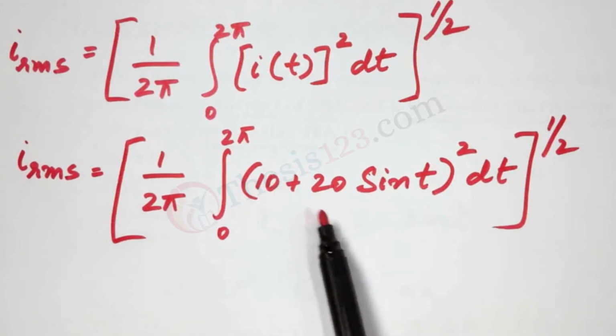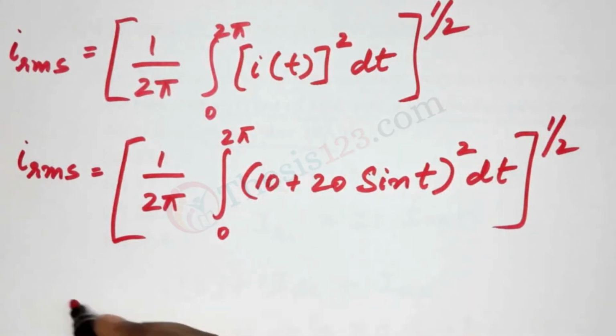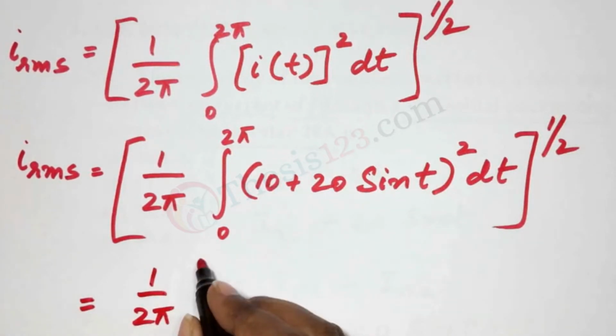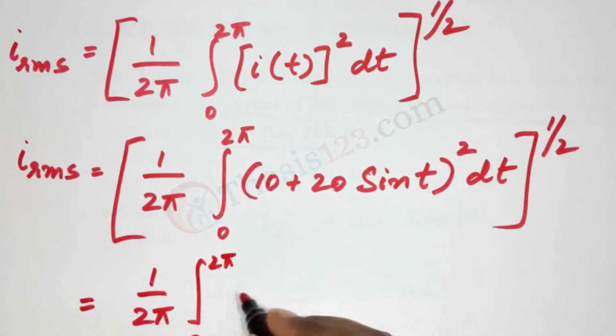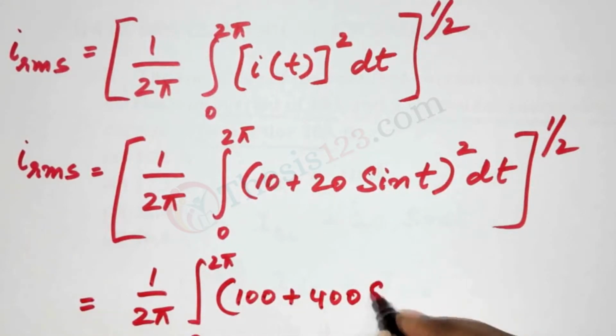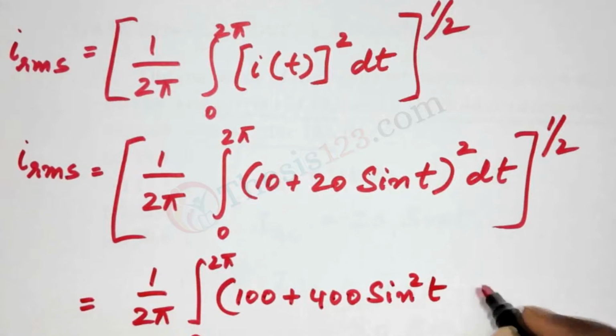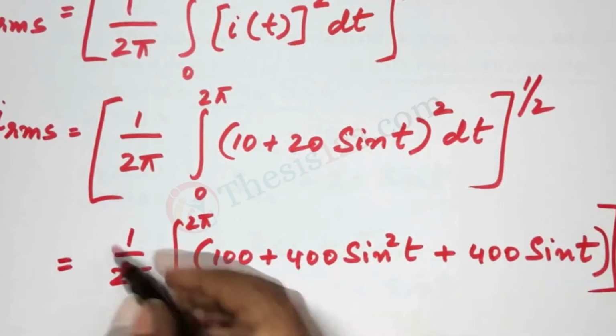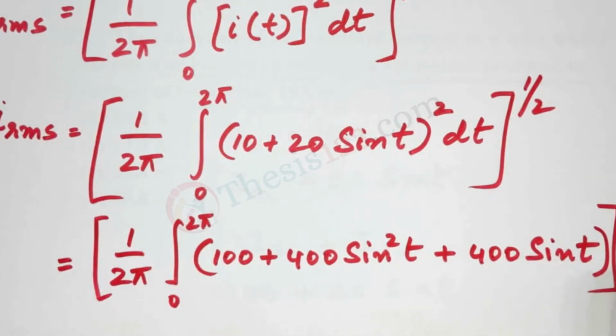Now let's expand this expression (10 plus 20 sin t) whole square, okay? So that's our next step. As 1 by 2 pi integral 0 to 2 pi, let's see now, this is 100 plus 400 sin square t plus 400 sin t, and this entire part is under square root.